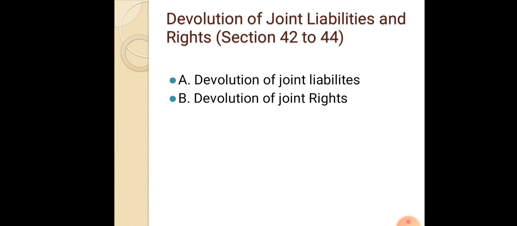Therefore, if any one of the several joint promisees die, his legal representative along with the surviving promisees can claim performance of the promise. So here the role of the legal representative is very important. Third, if all the joint promisees die, the legal representatives of all of them must join together to claim performance of the promise. So these are the rights and the liabilities that can be passed to the legal representative.